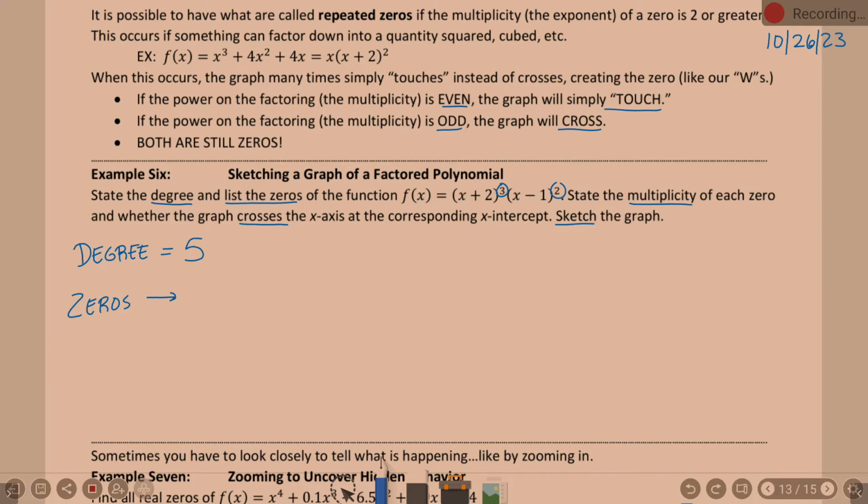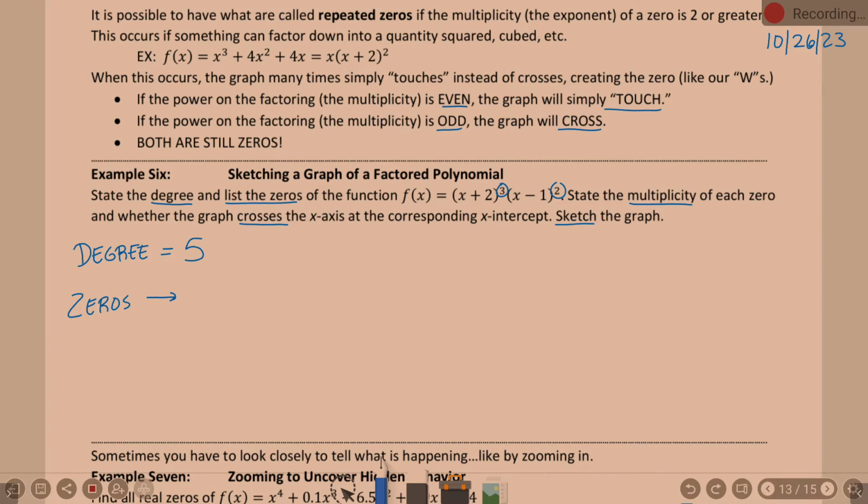I'm talking about what are the zeros. And technically, if you go back and read the rule, if it's degree 5, there can be up to 5 zeros. Okay, there may not be 5 zeros, but there can be up to 5 zeros. Look at this equation. This equation tells me where the zeros are, just by looking.